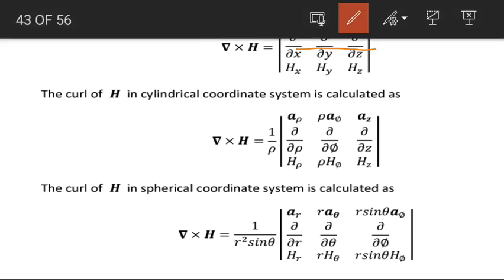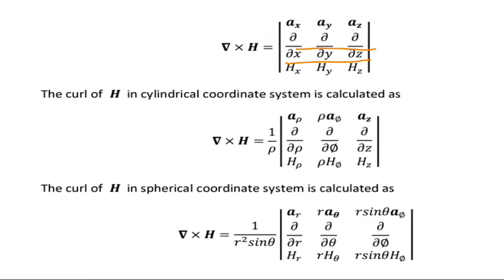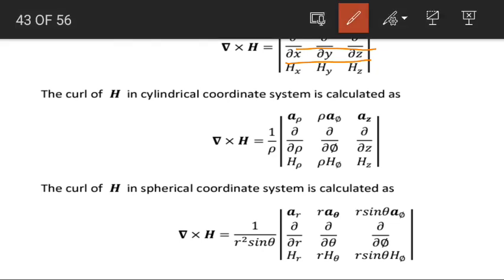In the third row, we consider the x component of the magnetic field intensity, Hx, the y component, Hy, and the z component, Hz.